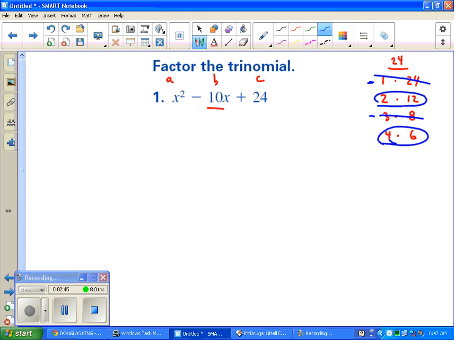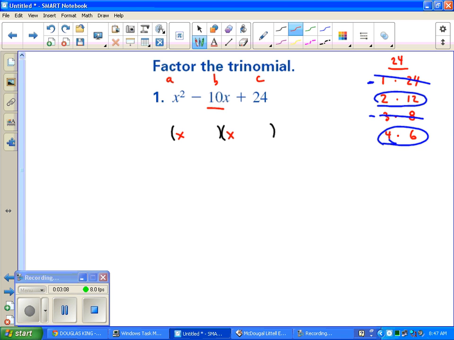So now we have to determine which of those two pairs we're going to use. What you do is open up yourself a set of two parentheses, open and close. And then we're going to work FOIL in reverse. In order to get x squared, you multiply x times x. That's all you need to write for right now.